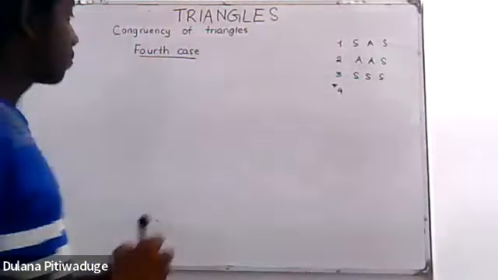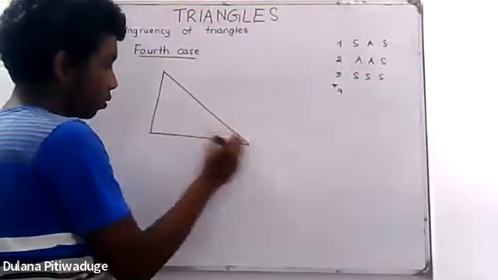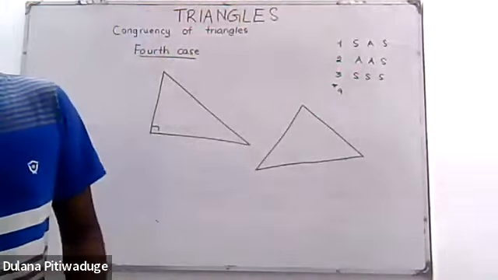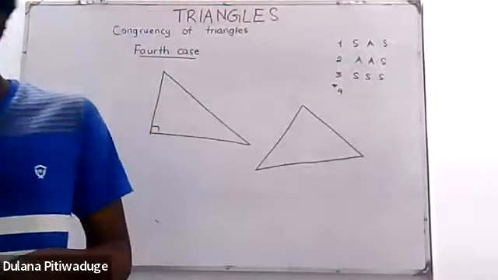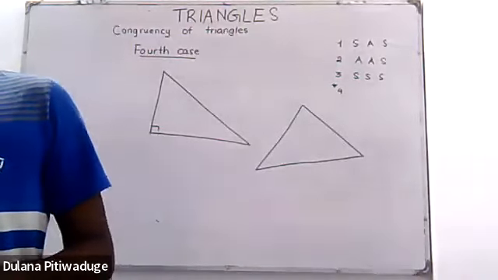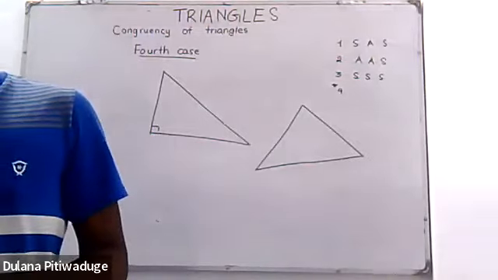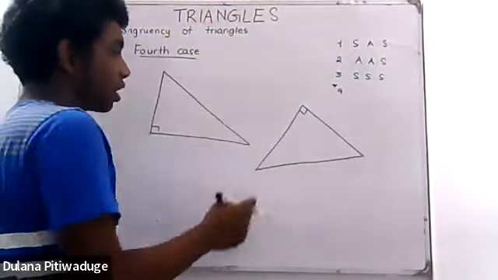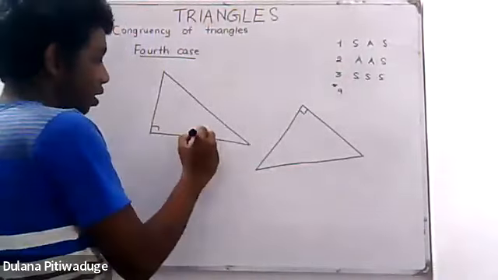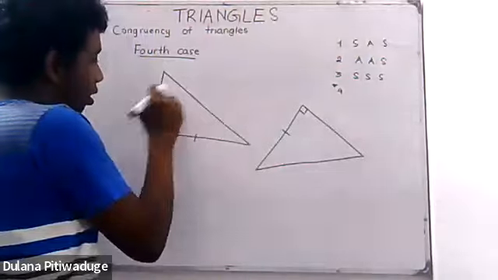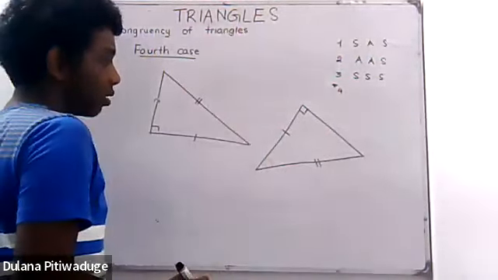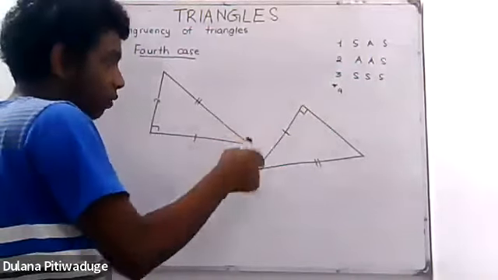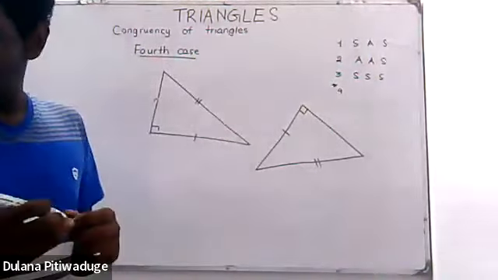So we consider two triangles like this. If the hypotenuse is equal, and another side of the two remaining sides should be equal, then these two triangles are congruent as well.